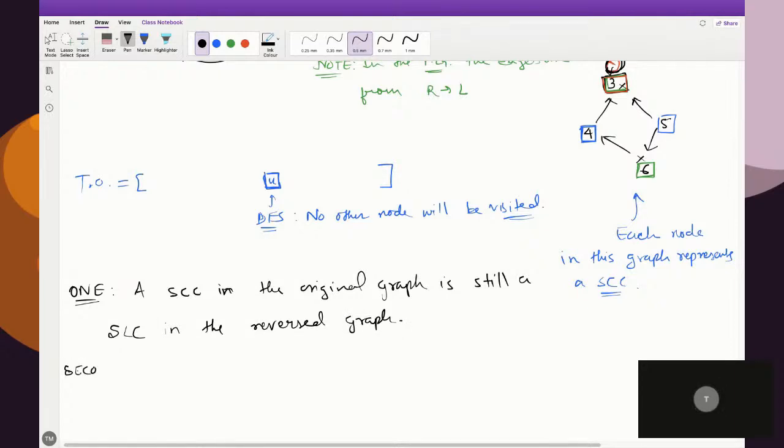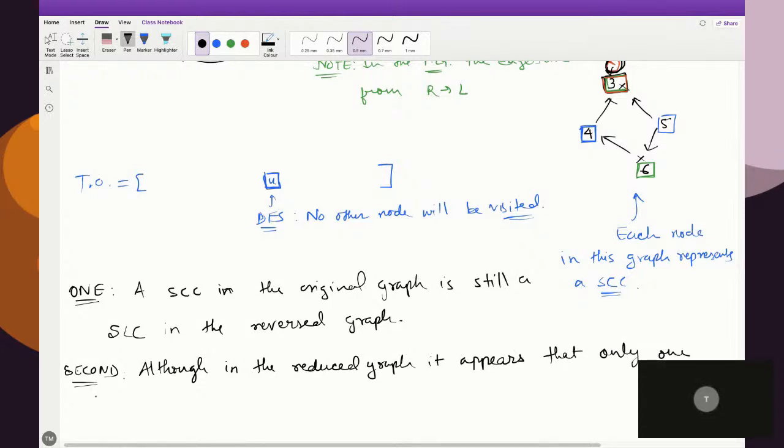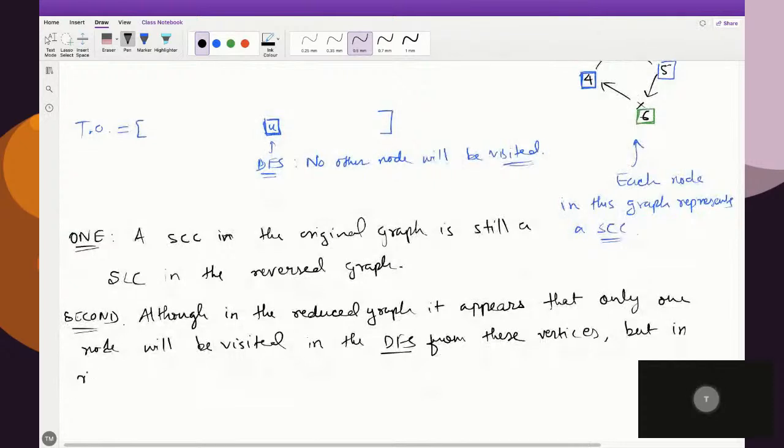Now the second thing is, although in the reduced graph it appears that only one node will be visited in the DFS from these vertices, in reality, all the nodes in that strongly connected component will actually be visited, right?